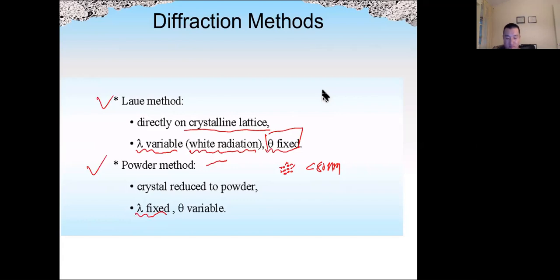We only use one type of X-ray, so lambda is fixed, and we change the incident angle by rotating either the sample or the source of the X-ray. So theta is variable, and we monitor how the intensity changes over theta.